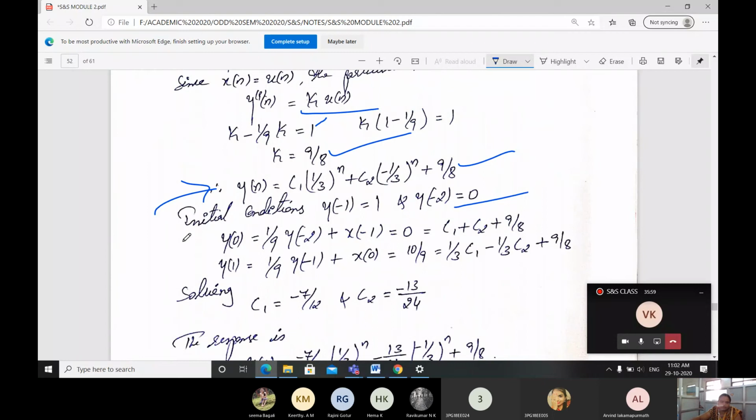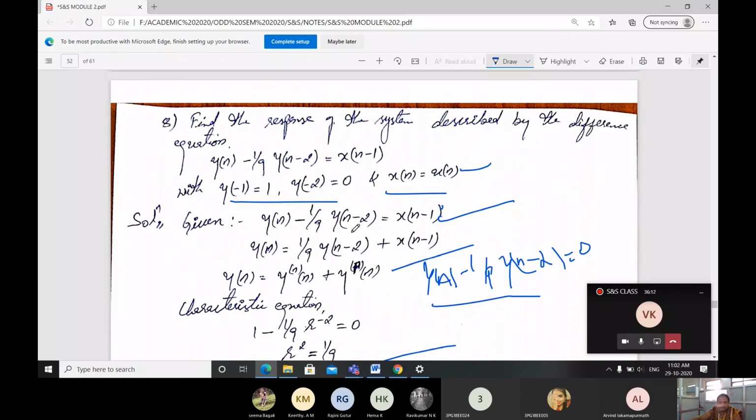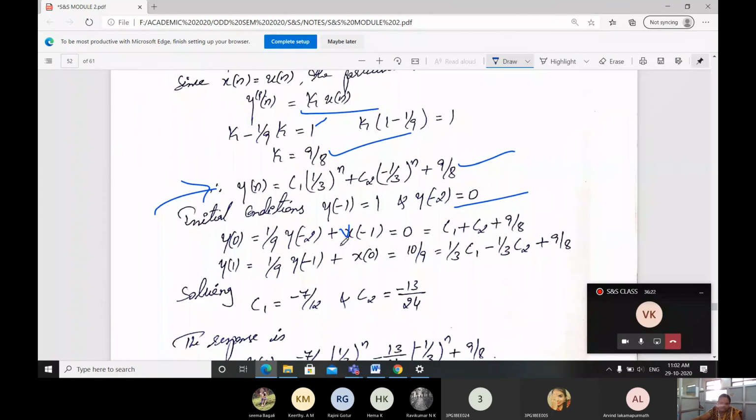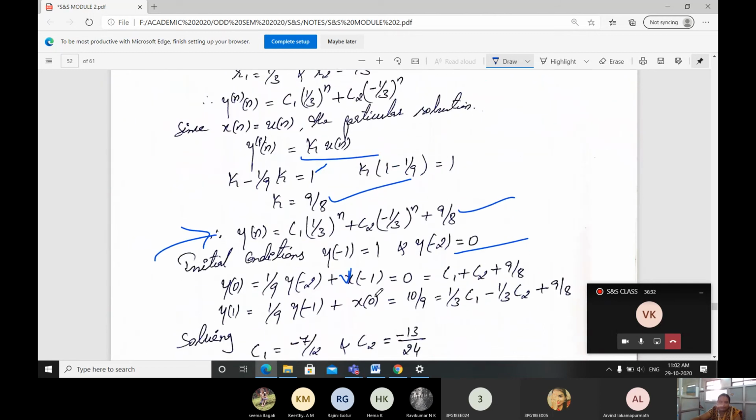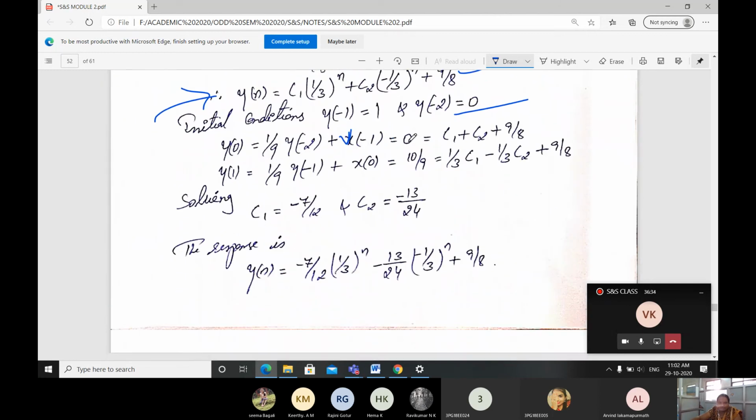You will get y(0) is equal to 1/9 y(minus 2) plus x(n minus 1). X(minus 1) is given as 0.